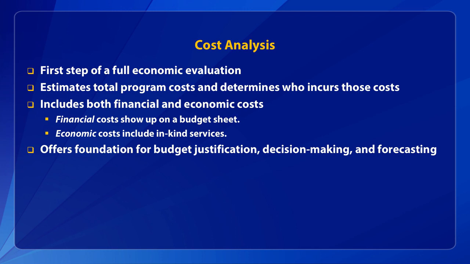These costs are important for determining who incurs the costs: the program itself, participants in the intervention, or external community groups. Programmatic cost analyses include financial costs that appear in a budget, as well as economic costs of in-kind services. Module 3 will provide more information on this topic.